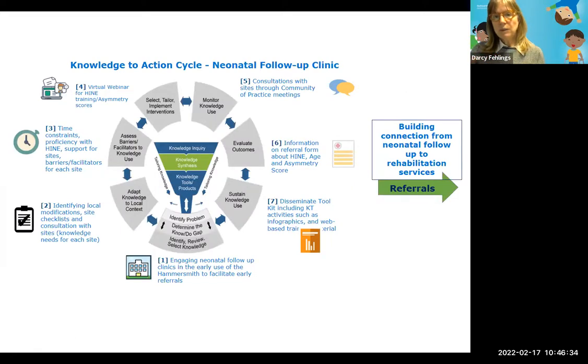So how did we do this within a science framework? We used a knowledge implementation science framework called a knowledge to action cycle. I won't go through all the details of the steps of the knowledge to action cycle, but there's 7 steps that can occur to help to facilitate, in this case, the integration of the Hammersmith into the neonatal follow-up programs, and then working to do the early referrals.